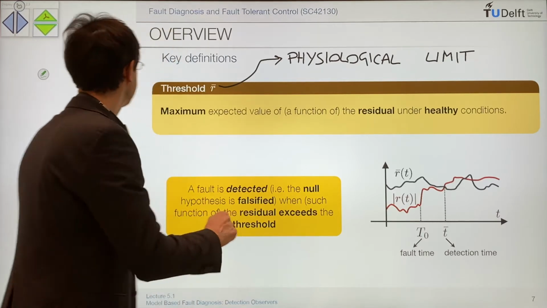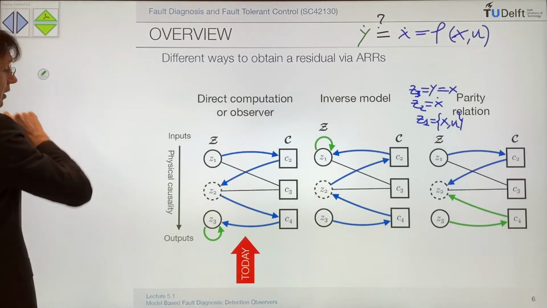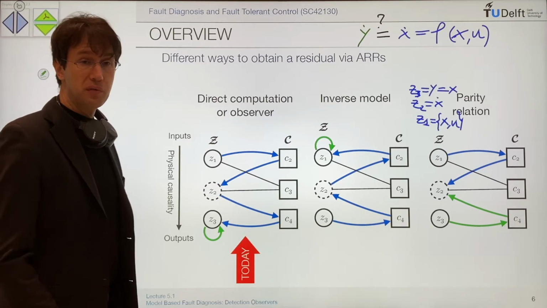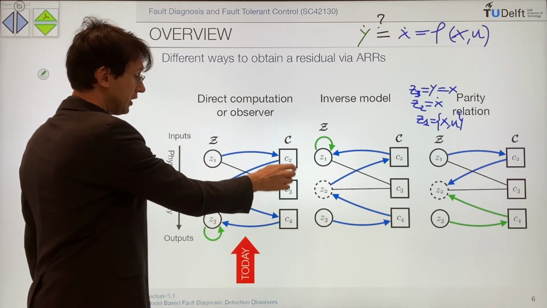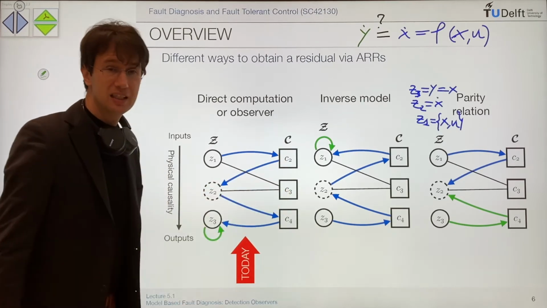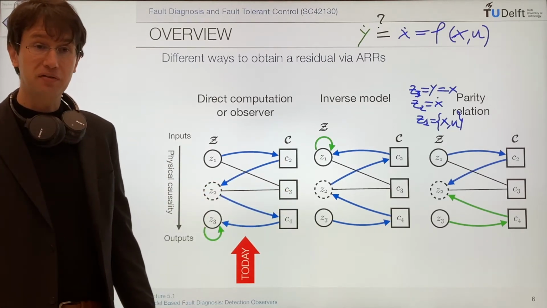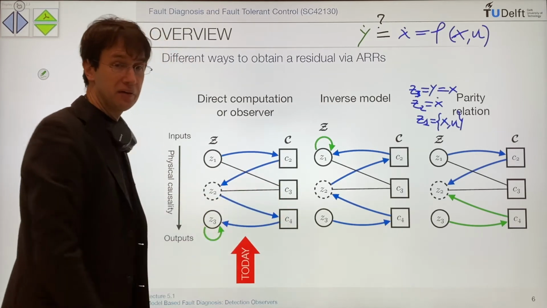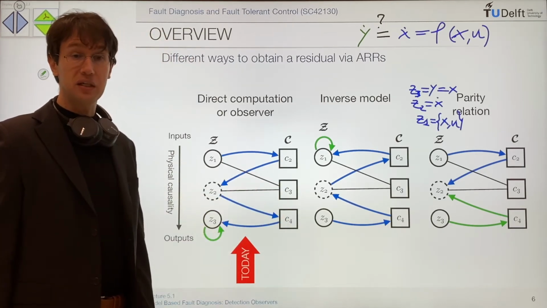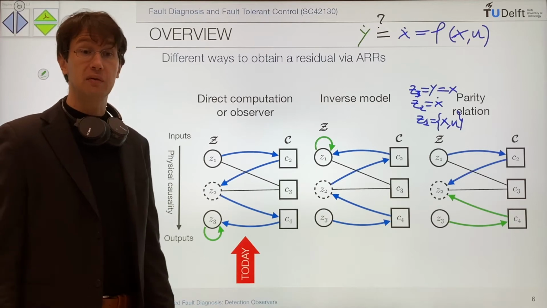And why? Because when we are following this path, first of all, we are using equations in our model that are nominal but not perfect. So by following this path, we are accumulating some error. This is the difference between the real physical behavior and our model.